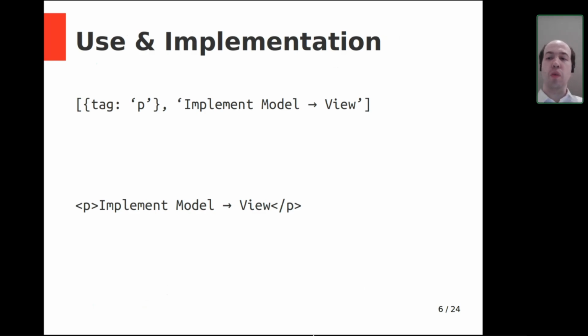This template is just a JavaScript array where the first element defines the parent tag, in this case the paragraph, and all the subsequent array elements are appended as child nodes. So here the JavaScript object there represents the paragraph, and the string is a single child text node of that HTML element.